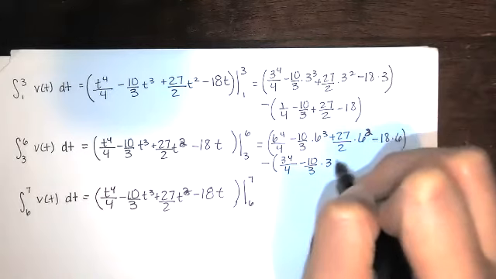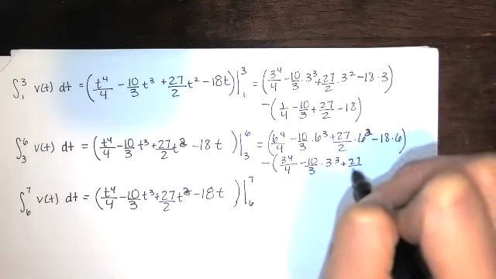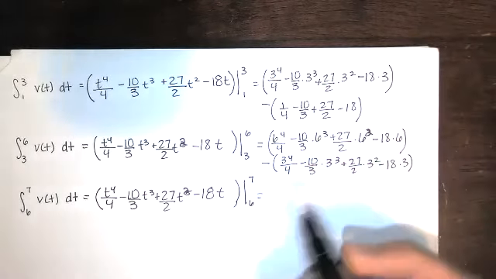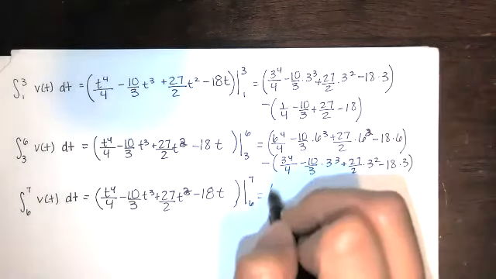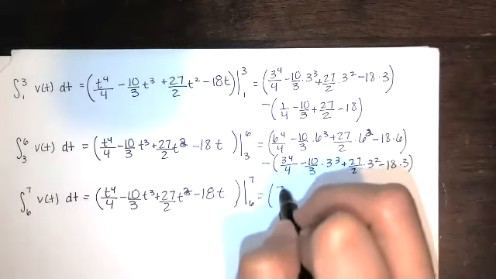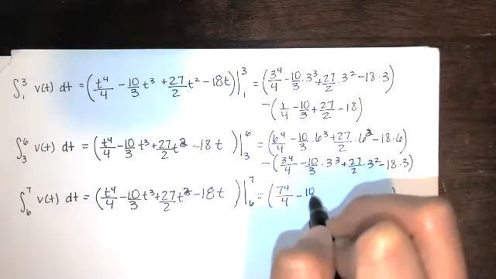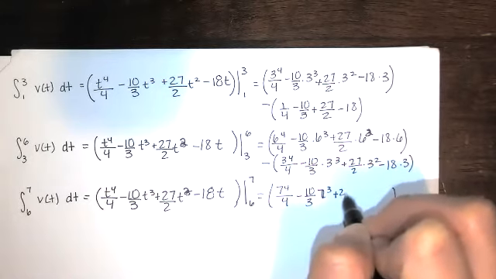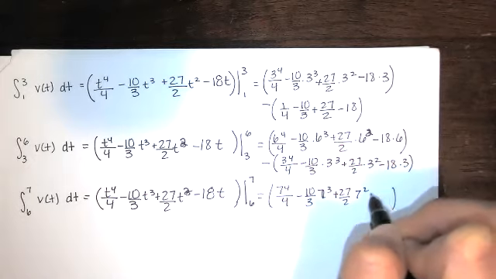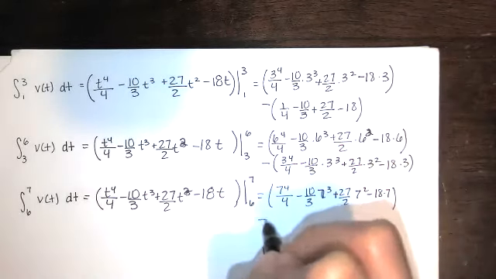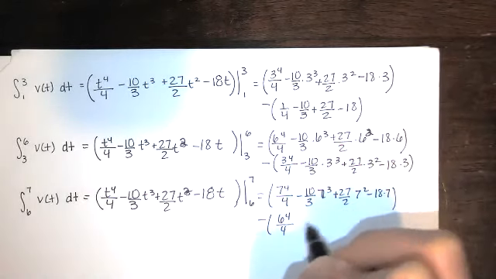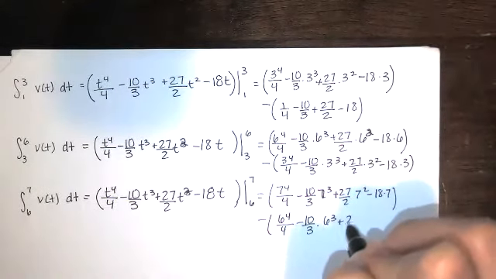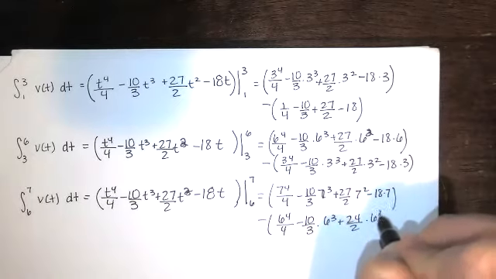We're using it a couple times. And then over here, we're going to evaluate at 7 and evaluate at 6 and subtract. So 7 cubed, 7 squared. I know it's a little tedious. It's good though, it's good practice.